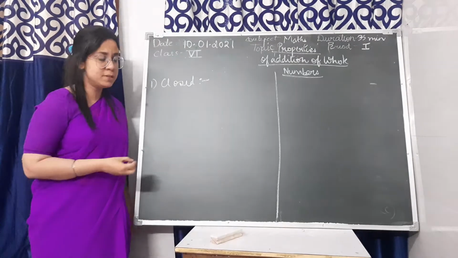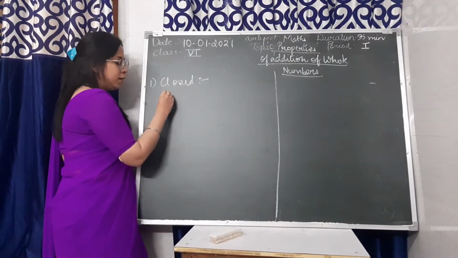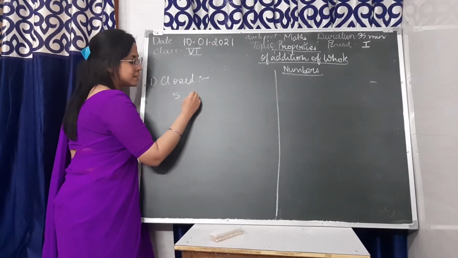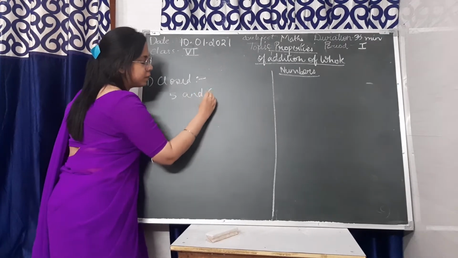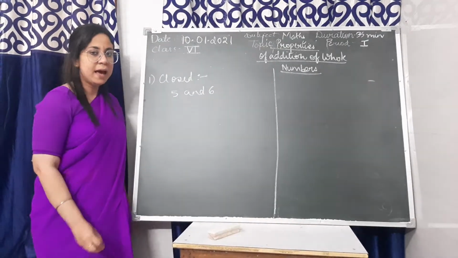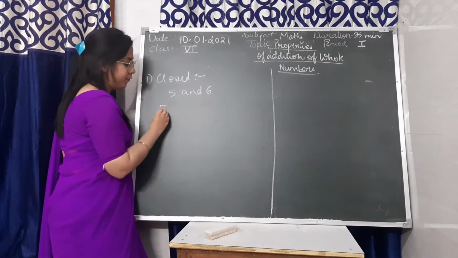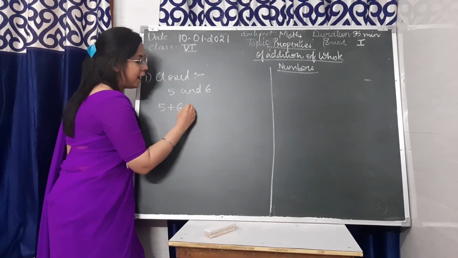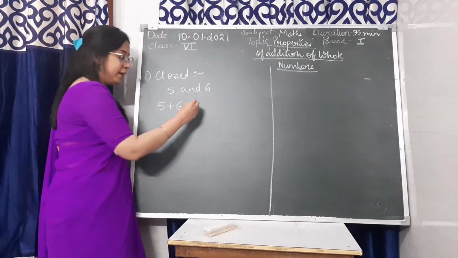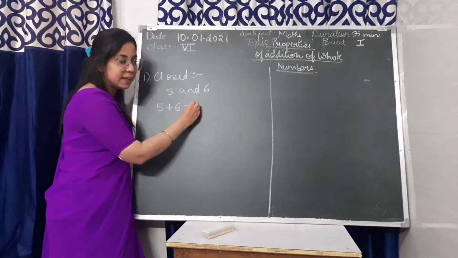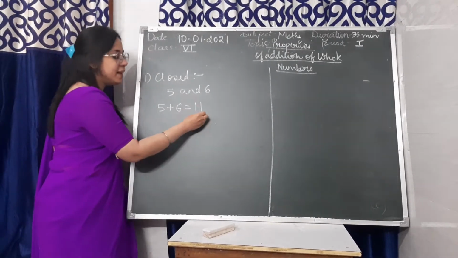If I am taking two whole numbers, say 5 and 6, they are whole numbers, right? And when I am adding them, 5 plus 6, what am I getting? 11. So 11 is again a whole number.